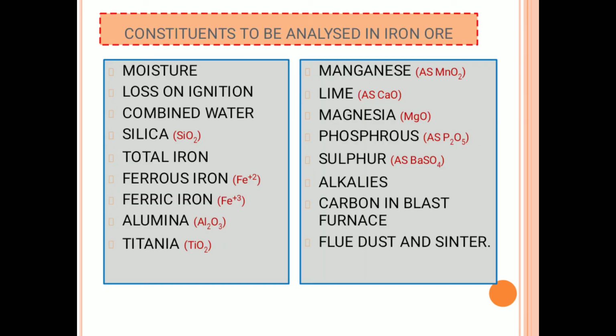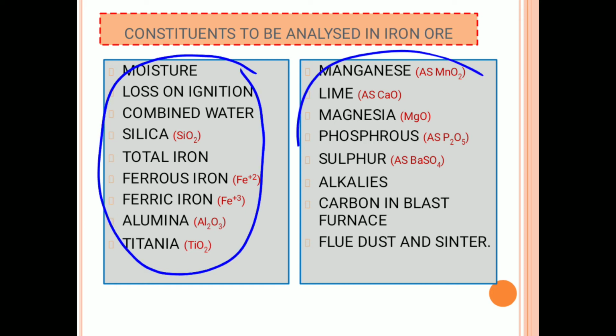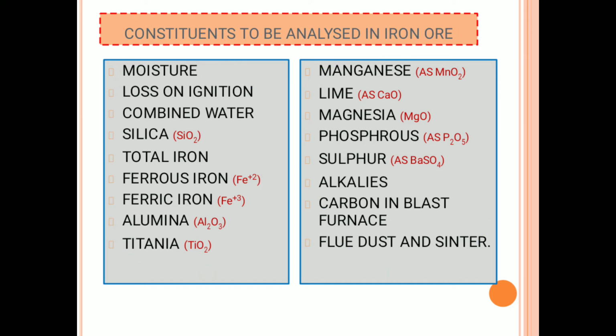Next step or final stage of analysis is the constituents analysis, estimation of constituents. Iron ore contains so many constituents in it, means different type of elements. Nearly 15 to 17 elements are there to be analyzed.